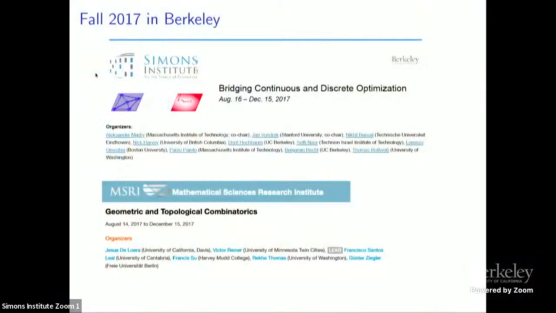So for me, this really started in fall 2017, when both programs at the Simons Institute were on bridging continuous and discrete optimization. There was a huge number of people there that semester. And at the same time, I'm sorry to advertise another institute, but in this case it was really synergy.